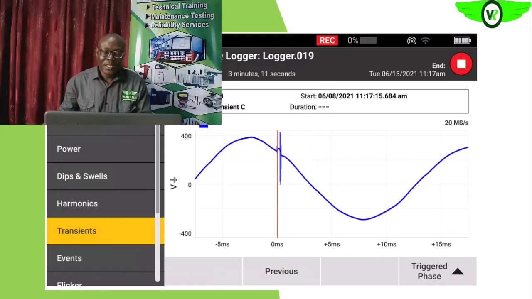Then, as you can see, the analyzer can also show transients. Those transient events, those voltage spikes that we may have as a result of lightning or what have you, will all be clearly shown in the analyzer.